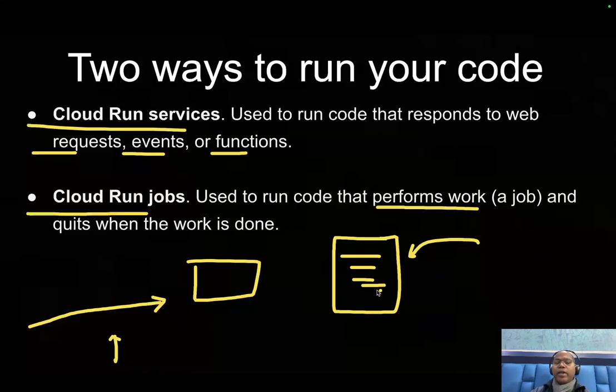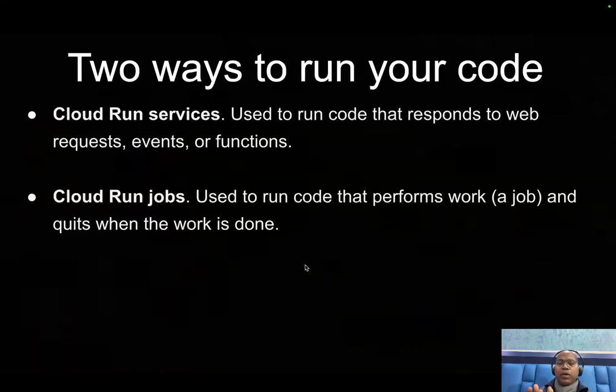Whatever the criteria, you schedule them as jobs, or a particular event happens. So we have both options, depending on your use case. You can deploy your application as a service or as a job, generally for asynchronous processing.